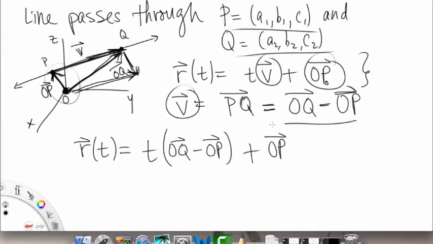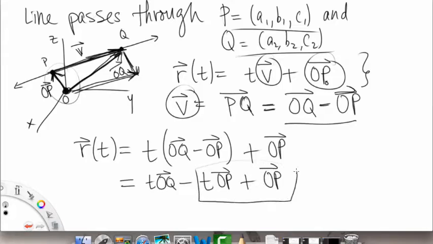If we play around with this a little bit, this is T times OQ minus T times OP plus OP, and we can factor out the OP here, so then we get T times OQ plus (1 minus T) times OP.